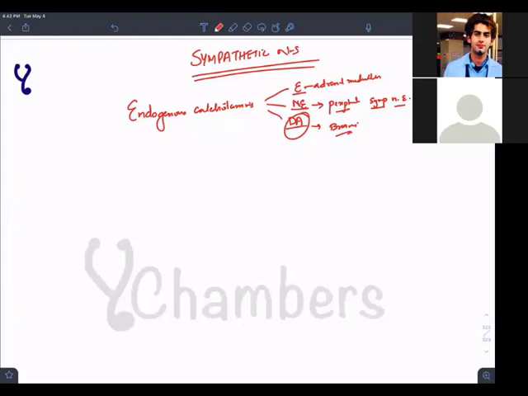To understand this, the major neurotransmitter in the sympathetic nervous system, in the autonomic nervous system, is noradrenaline. This you have to understand first.